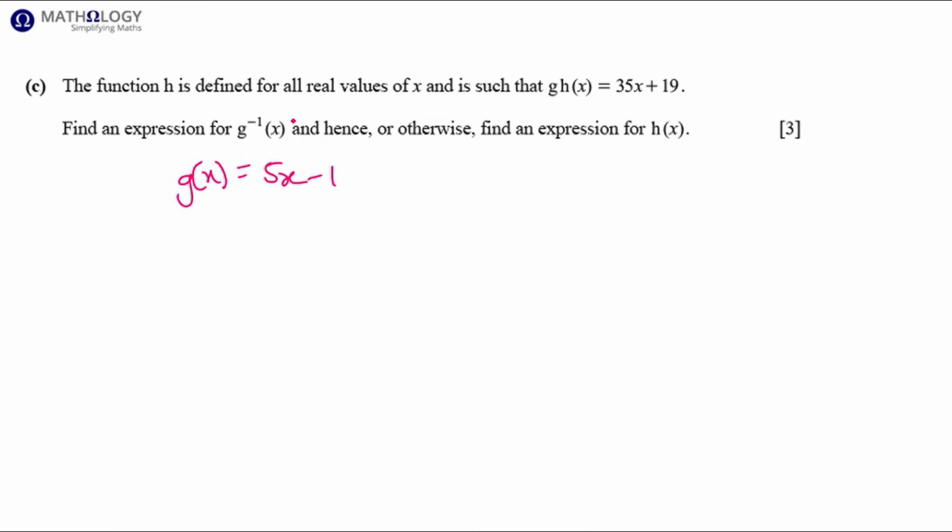The function h is defined for all real values of x and is such that g of h of x equals 35x plus 19. We're required to find an expression for the inverse of g, and hence, or otherwise, find an expression for h of x. Okay, so g of x is 5x minus 1, and we are told that g of h of x equals 35x plus 19.